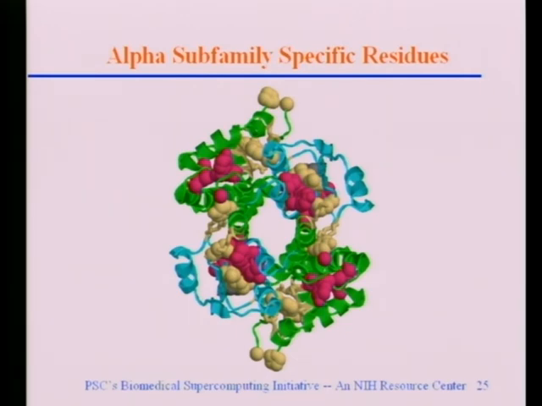So this interaction between this aromatic molecule and these side chains that it interacts with across the interface here, and these here, are basically involved in customizing, in this case, the subunit interface for the alpha subfamily. And in this case, they're involved in customizing the domain interface, which contributes to orienting the two domains relative to each other in the dimer.